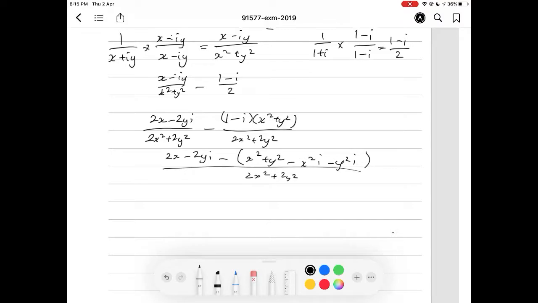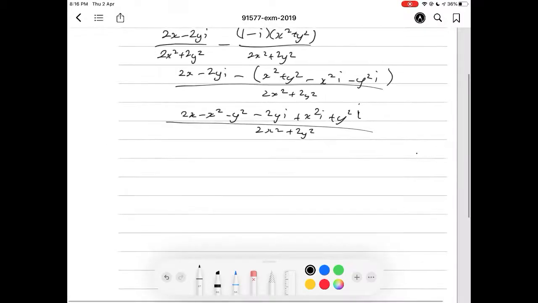Now if we expand the brackets and simplify, we'll get 2x minus x squared minus y squared, and we'll have negative 2yi plus x squared i plus y squared i, because a double negative makes a positive, remember? Then all over 2x squared plus 2y squared.